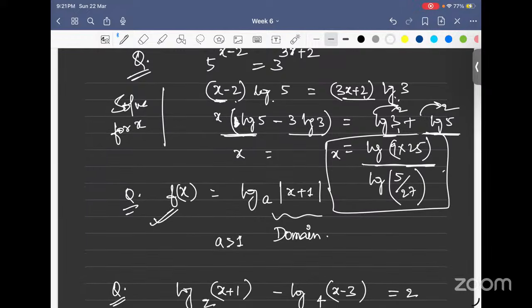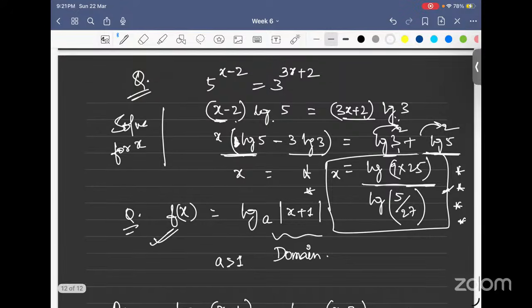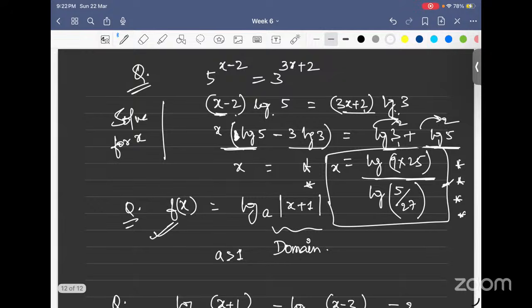What is the mistake here? Is there any mistake here? I can't see anything. Are you able to hear me?